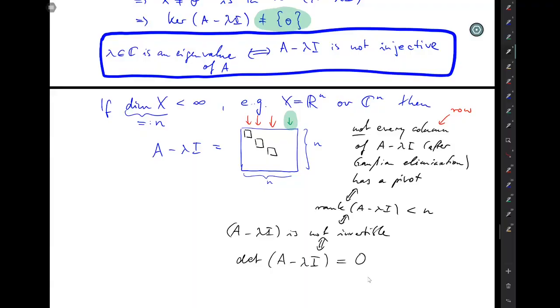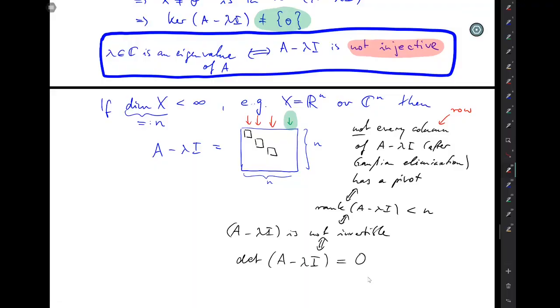So this is where you start to compute the lambdas that turn out to be eigenvalues, and from there you compute the eigenvectors. We just observed something that looks interesting, because we started off by saying, or we observed that lambda is an eigenvalue if and only if A minus lambda I is not injective.